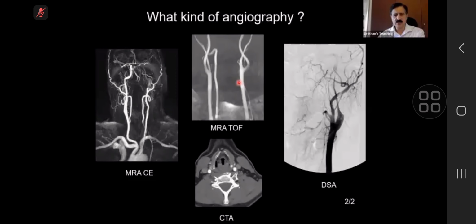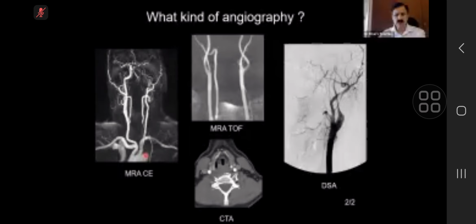Usually when we do it for stenosis, we do an MRA which is contrast enhanced, and in that we must include the arch of the aorta, the origin of the great vessels. When we do a CTA, that is again the principle, the origin must be visible. And in the exam, they might show you a CTA or an MRA in which the problem will be at the origin.